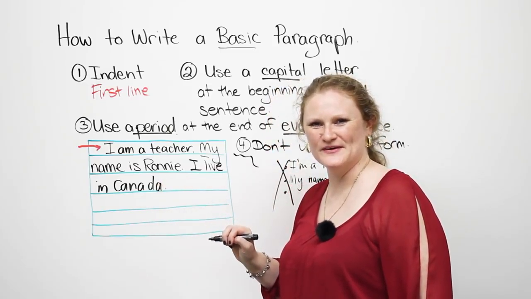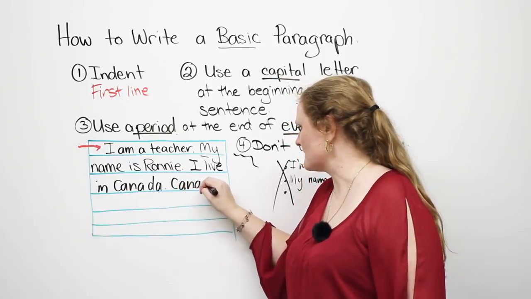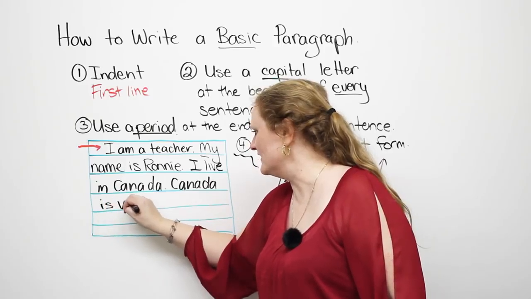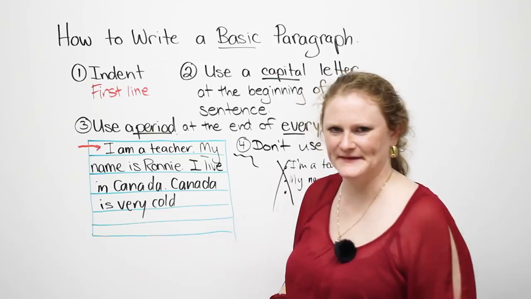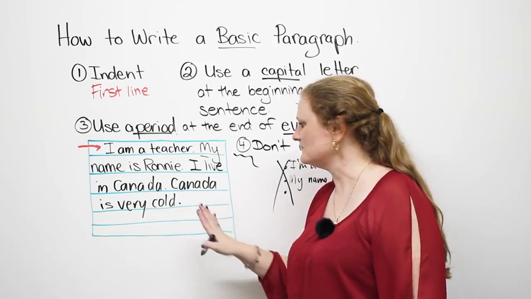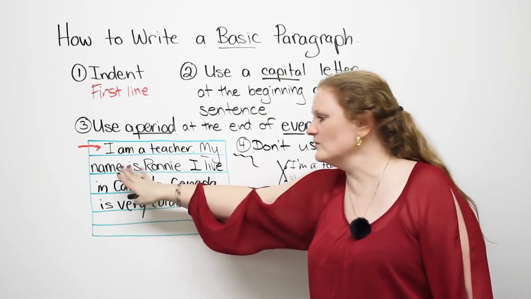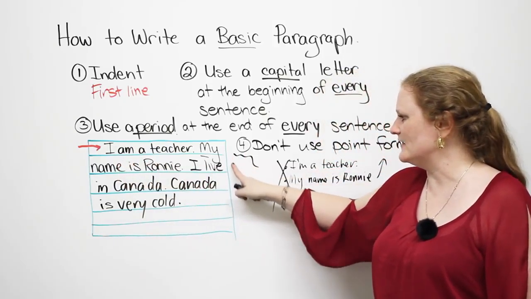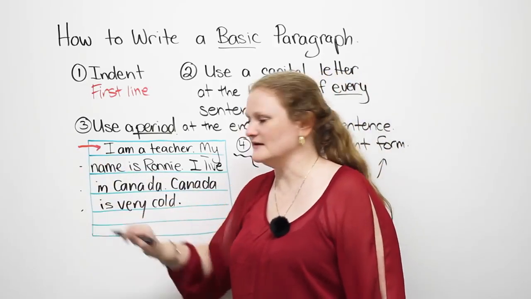What would you like to know about Canada? Canada is very cold in the winter. So, as you can see by my example, I only stop my sentence at the end of my paper. I don't use each sentence on each line.